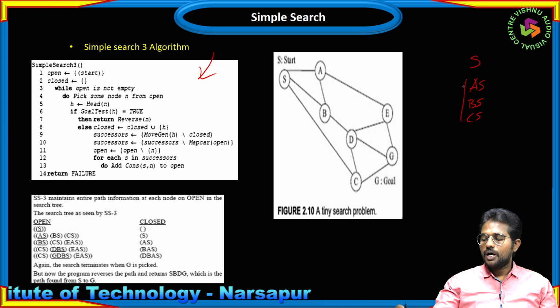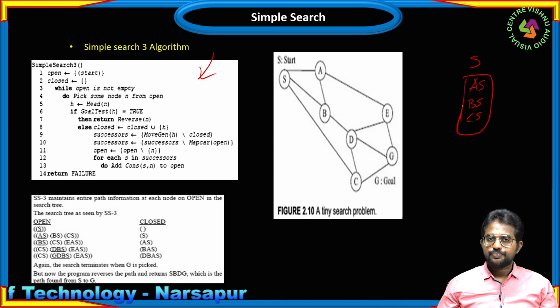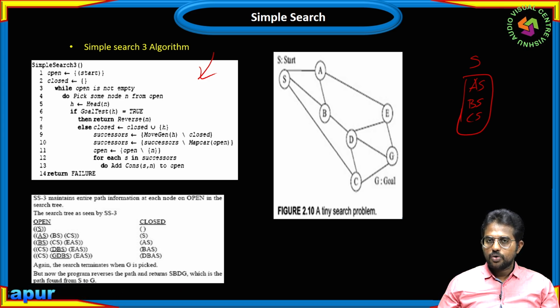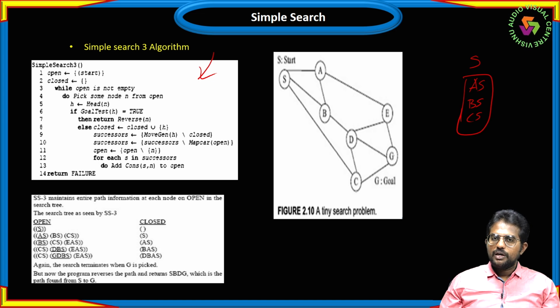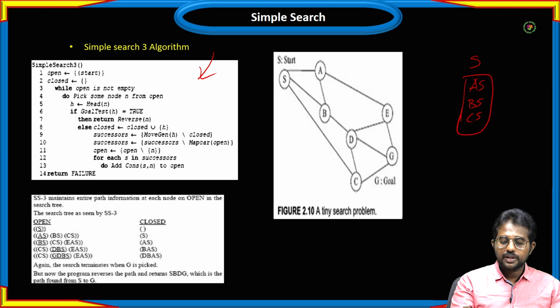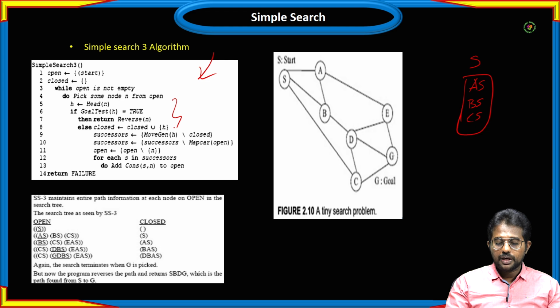So like this one, I will try to store the particular nodes so that whenever the goal node is reached, I will directly get the path from it. The working is the same. Here the mapcar function was used.